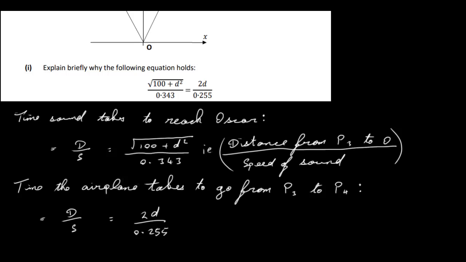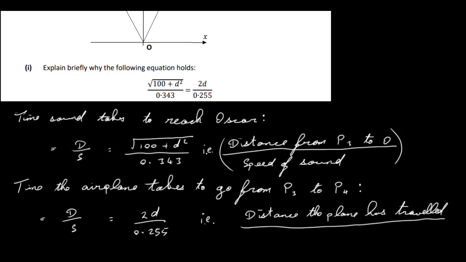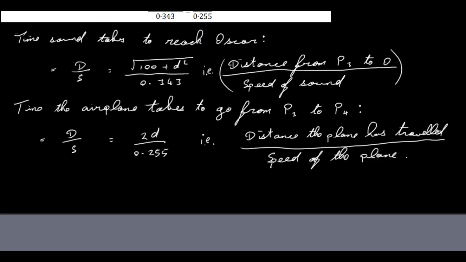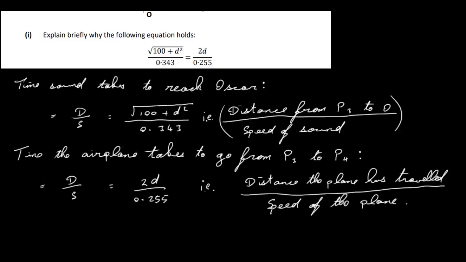I'll just put that here so you can see what I'm doing. So this is the distance the plane has traveled, divided by the speed of the plane. So you can say both these times are equal.